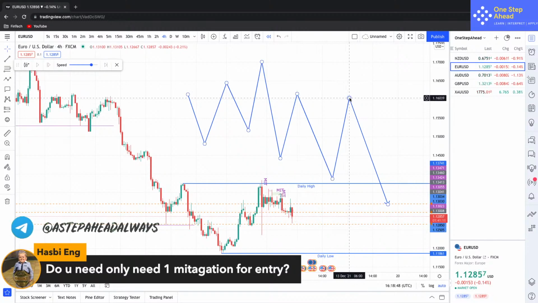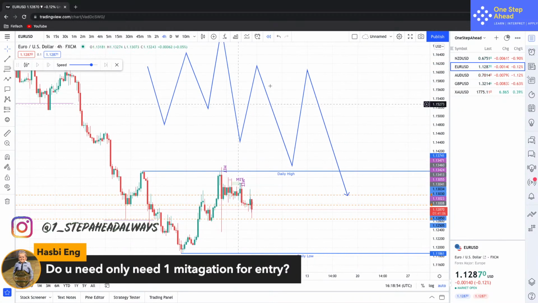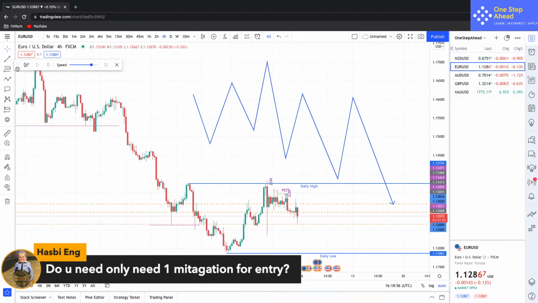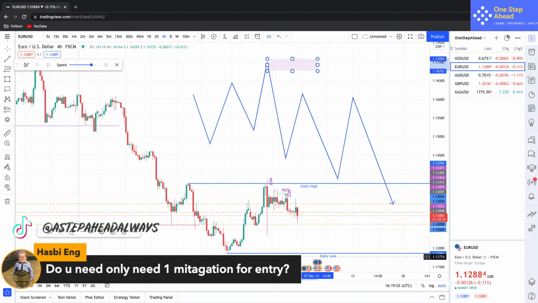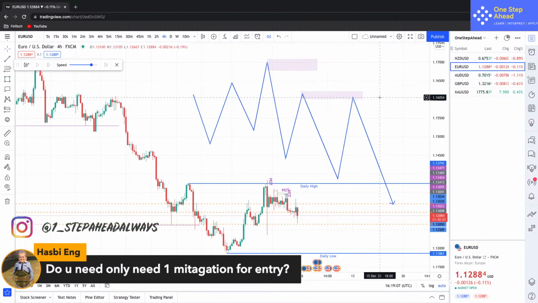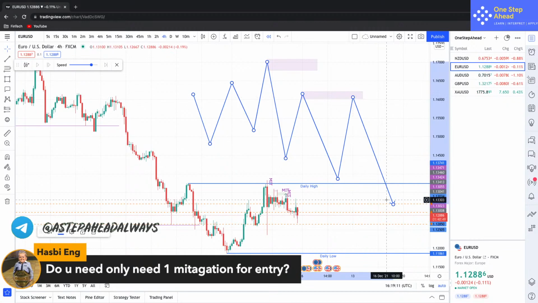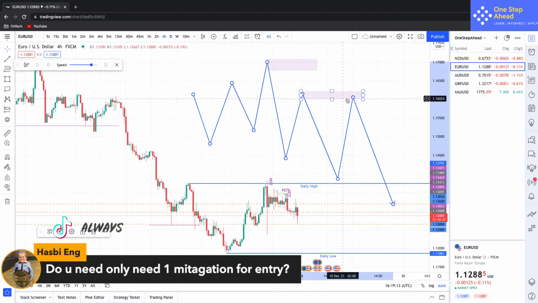Or what you can do, you can go to the, let's say for example, so this will be your first OB, and this is your immediate OB, right? So instead of waiting for this mitigation to happen and break structure again, you can go in this zone, okay, and go to the lower time frame.